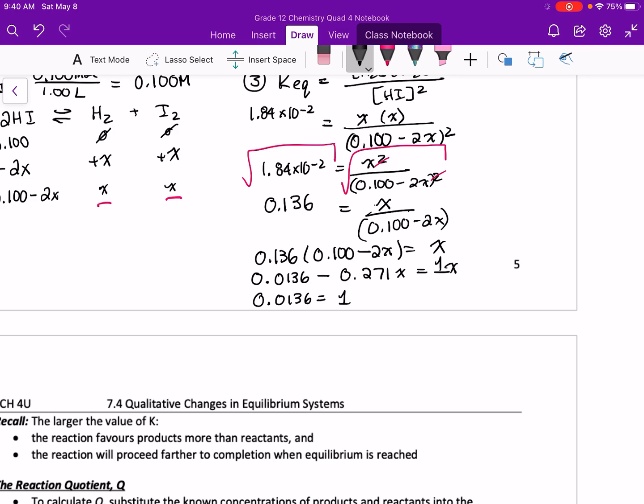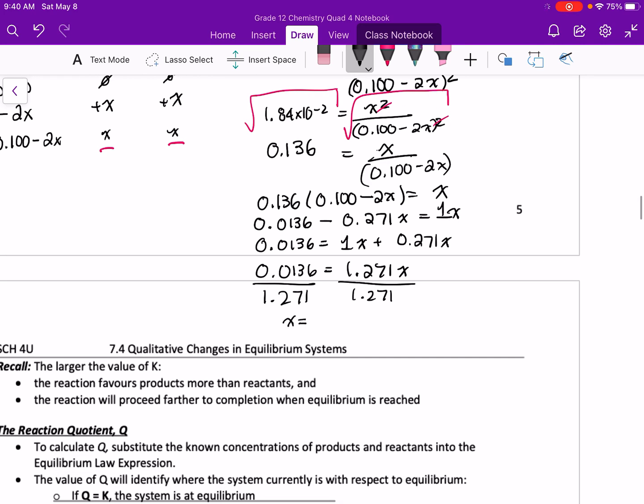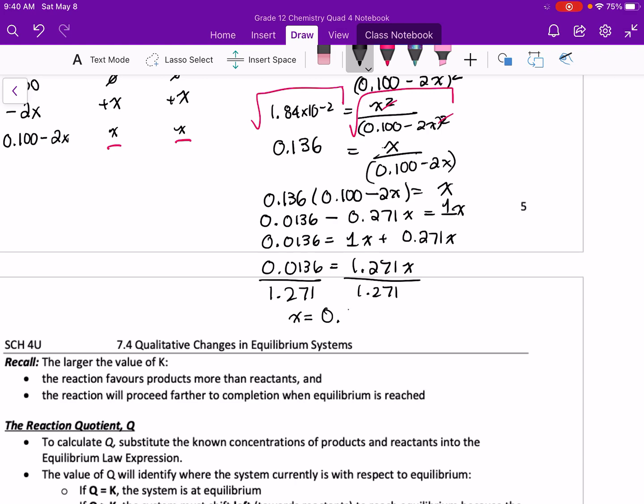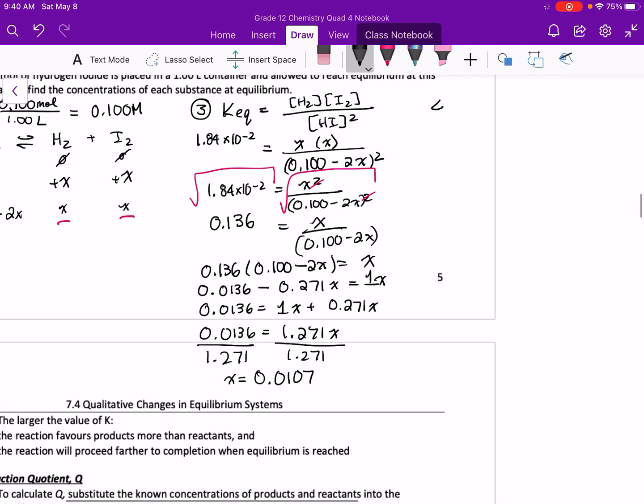And I'm going to have 1x plus 0.271x. This will give me 0.0136 is equal to 1.271x. I'm going to divide both sides by 1.271. And my value for x is equal to 0.0107.